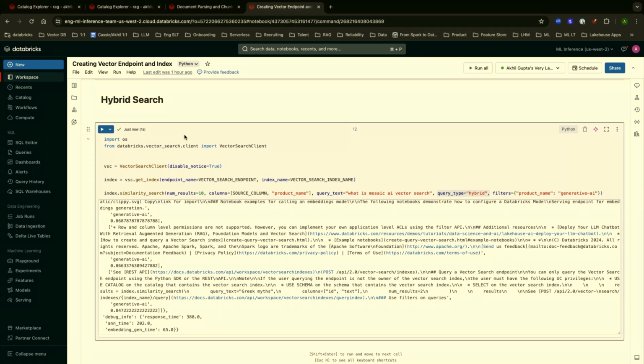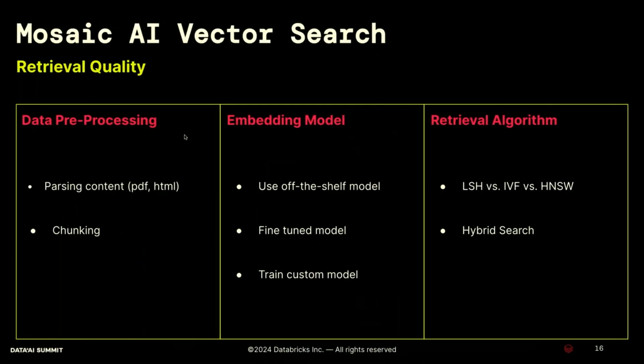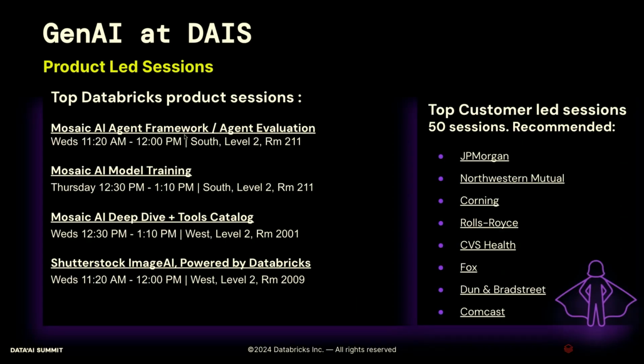We also have some really exciting product launches that I mentioned, and sessions. If there's one session that I would strongly recommend to anyone who is trying to build GenAI applications or agents and also improve the quality of the agents, is the first one, which is the Mosaic AI Agent Framework.